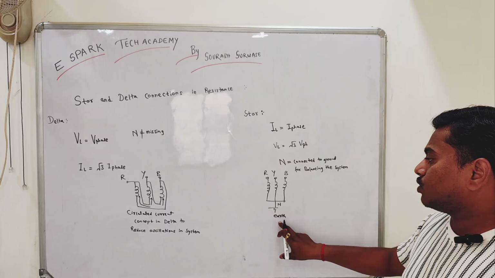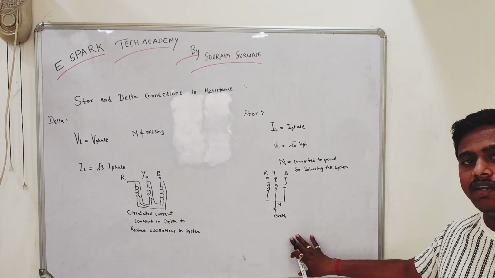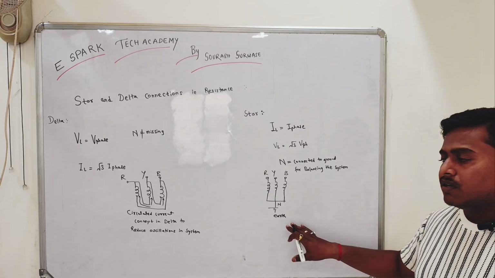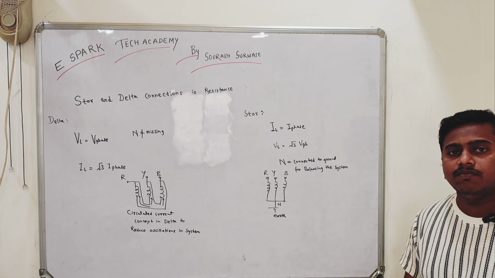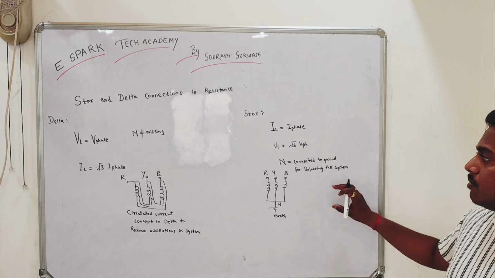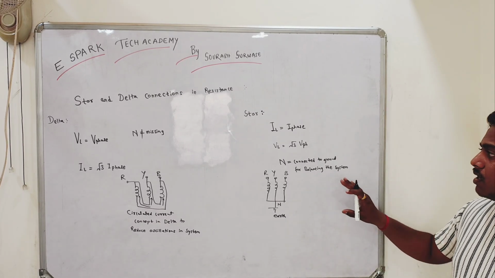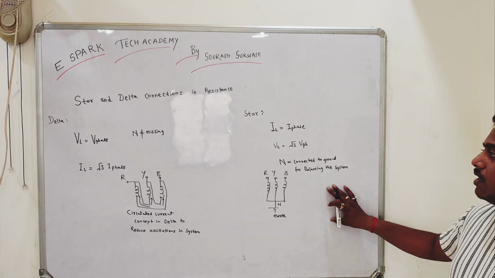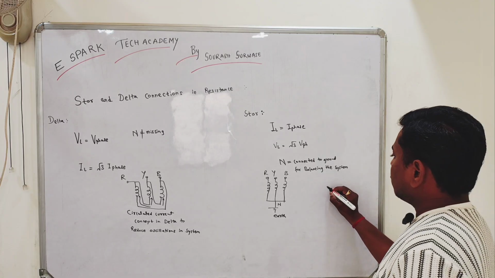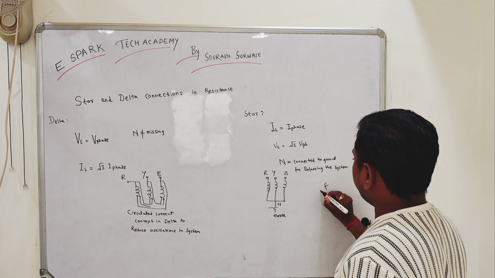And here the neutral is always earthed, because if you keep the neutral oscillating or off earth, the unbalanced currents will be deployed into the system, and it will disturb our network and our frequency. It will try to create a frequency of m into f.